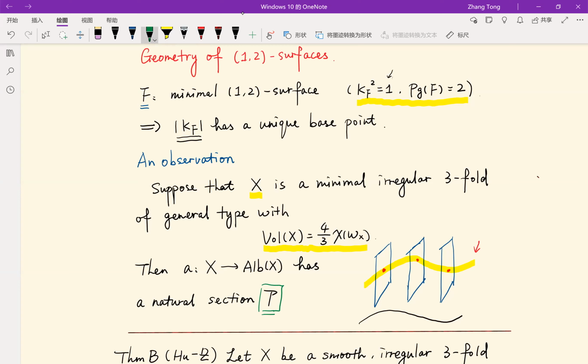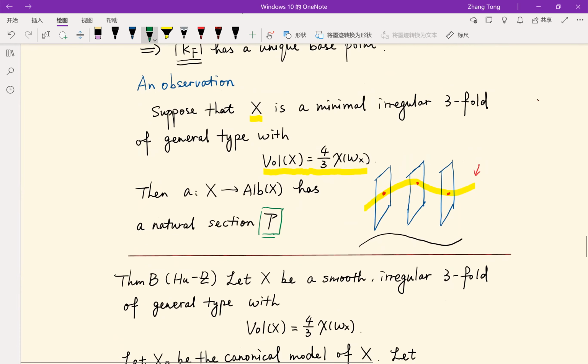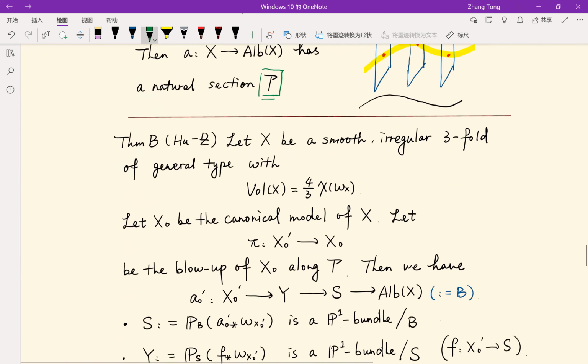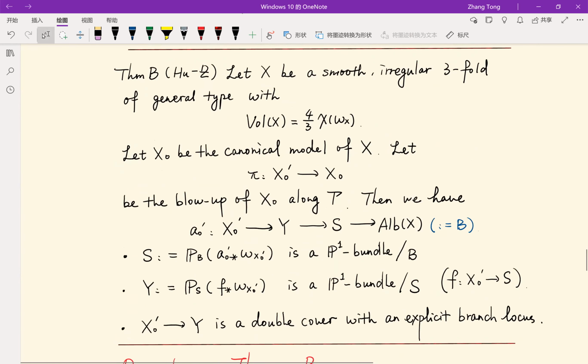If you remember this section, I can introduce the classification result and give you the explicit structure of the extremal threefold. That's our second theorem, Theorem B.